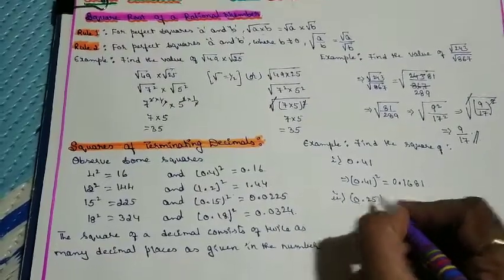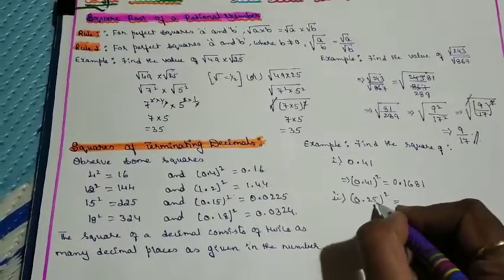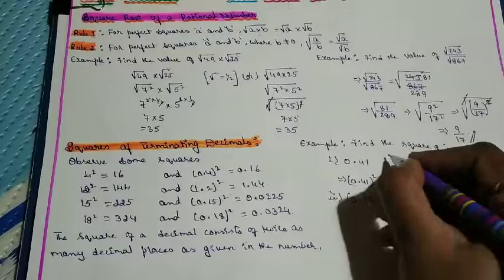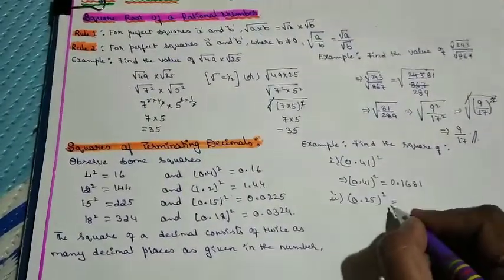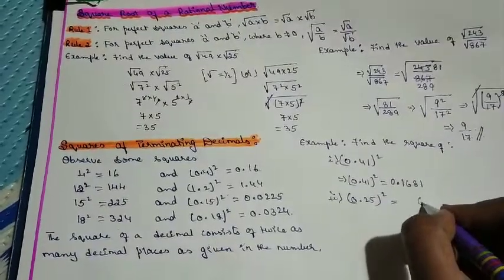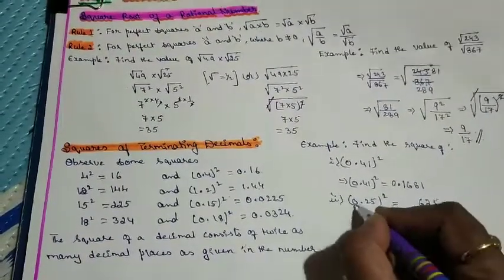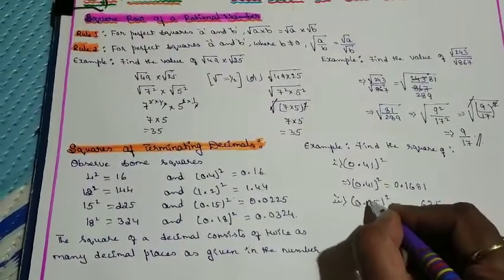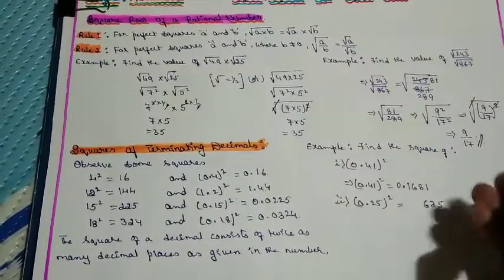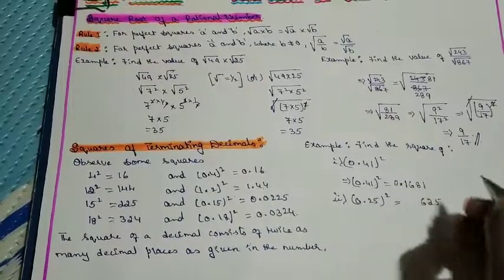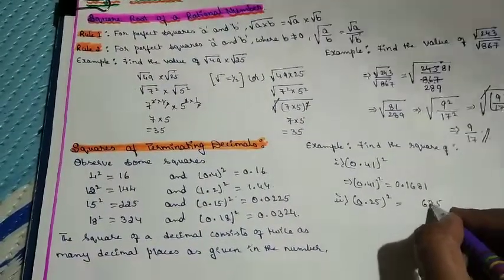If I go with the second example, 0.25 whole square. We know that 25 square is 625. But after the decimal point we have 2 digits. 2 digits doubled makes 4 digits. So when we are marking the decimal point, we need to come from the right: 1, 2, 3.